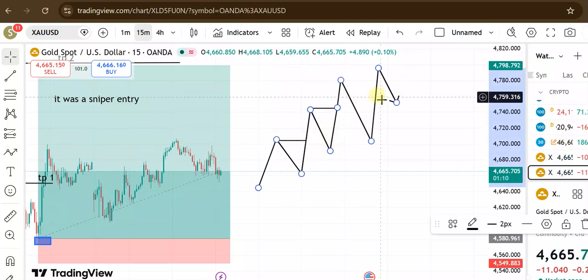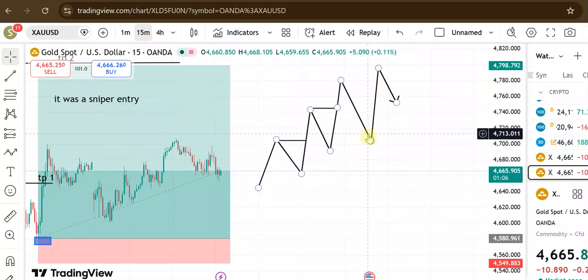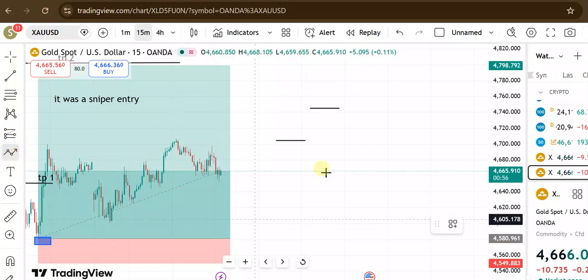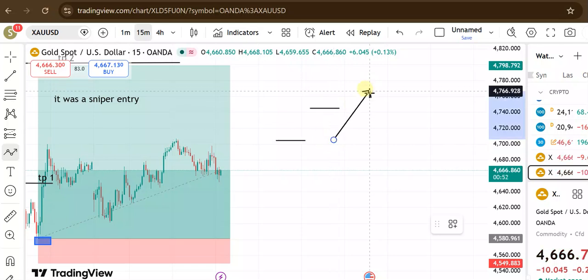Cool. Now let us talk about another trend. That was the uptrend. Now let's talk about the downtrend. So this is how it goes.